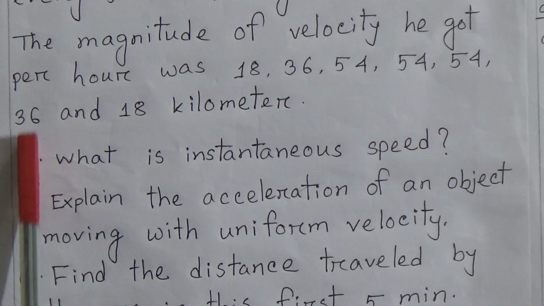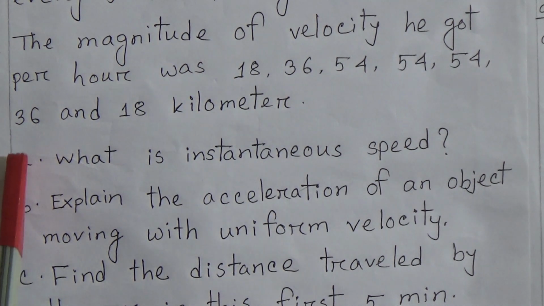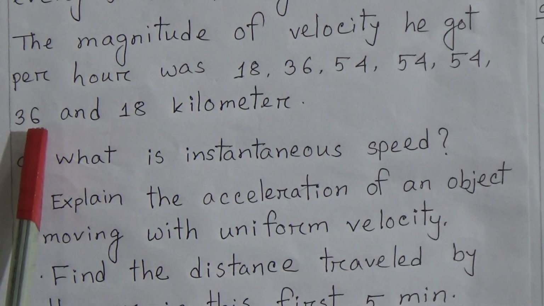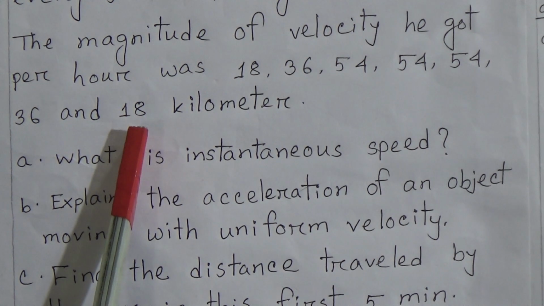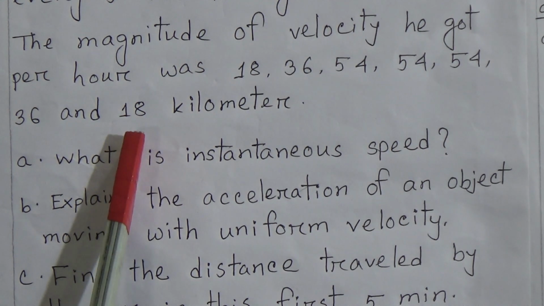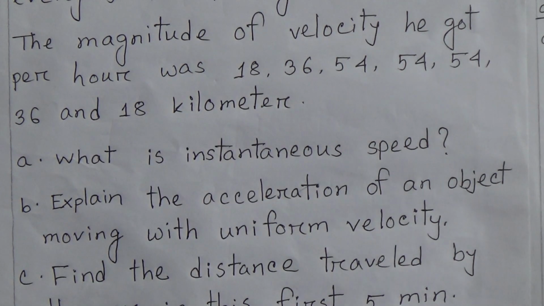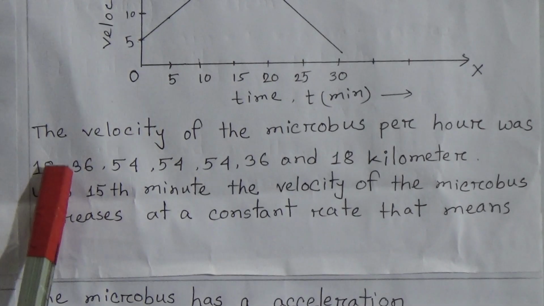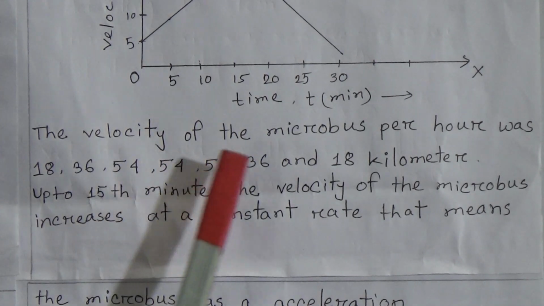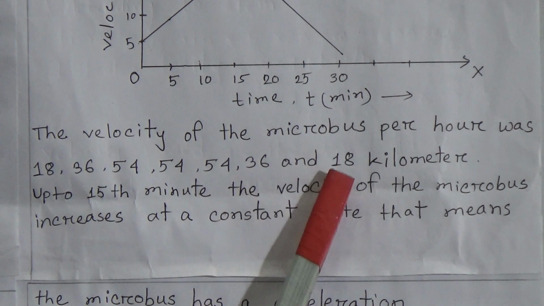After 30 minutes the velocity will be 36 kilometer per hour, and after 35 minutes the velocity is 18 kilometer per hour. The velocity of the microbus per hour was 18, 36, 54, 54, 54, then 36 and 18 kilometer.